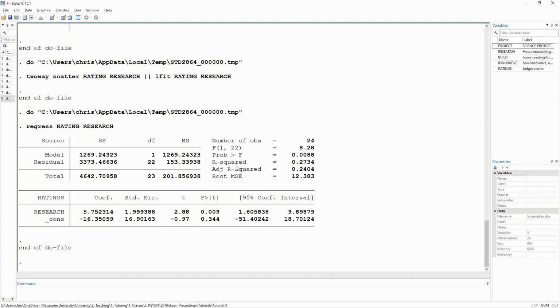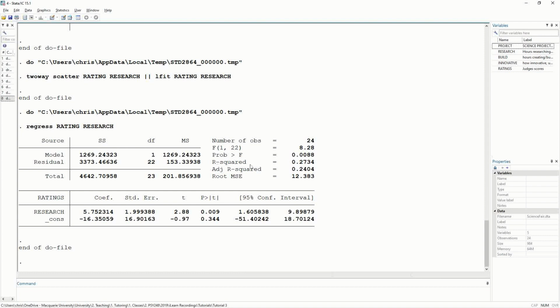Interestingly, though, the significance of my overall model, the p-value attached to that, is 0.0088, so this is below 0.05. Effectively, what this p-value is telling me is that my model, whatever IVs are in my regression, so the IVs that are in your regression together, we call this a model. In this case, our model is simply using research as an IV on its own.